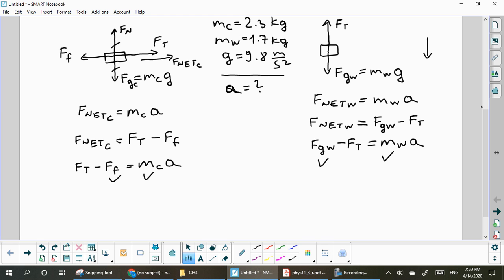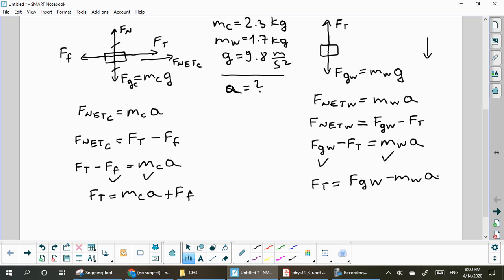Because we're looking for acceleration, we're going to isolate tension. So in this case, it's going to be Ft is equal to mCA plus force of friction. And then we're going to do the same thing on the other side. So Ft is going to be FGW minus MWA.